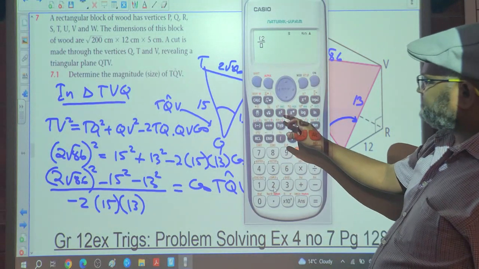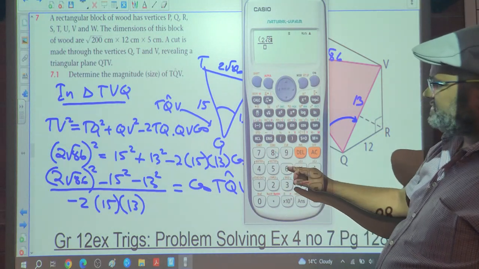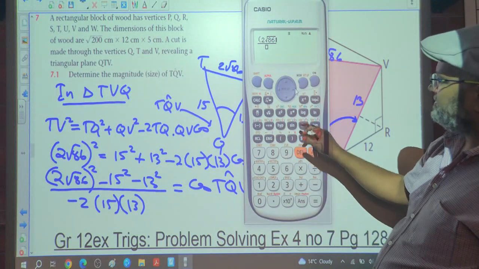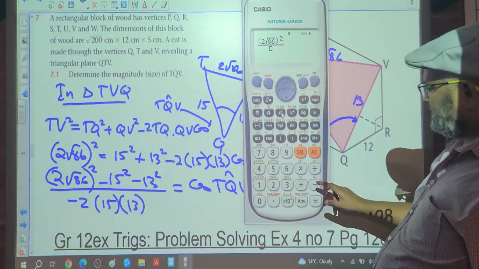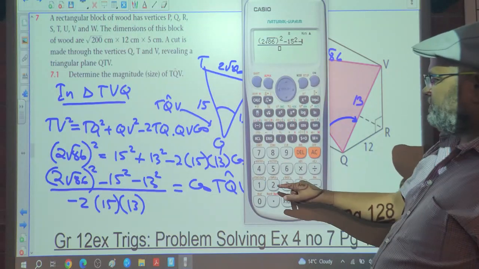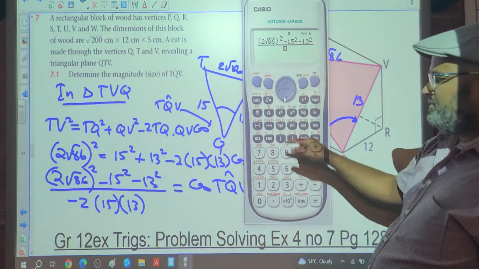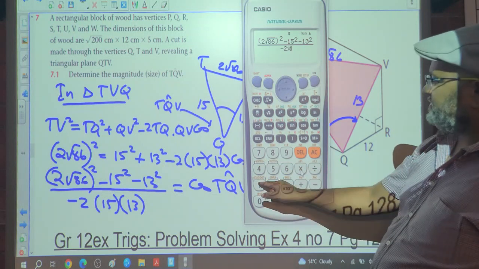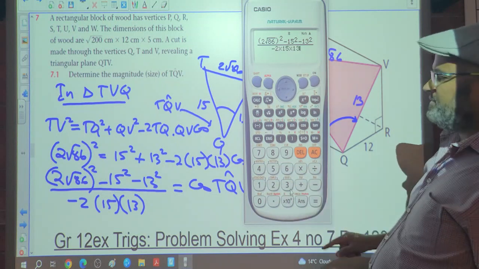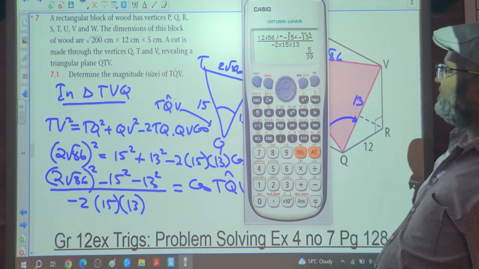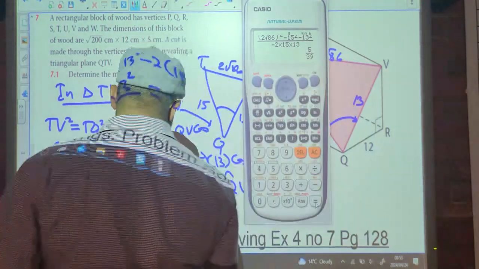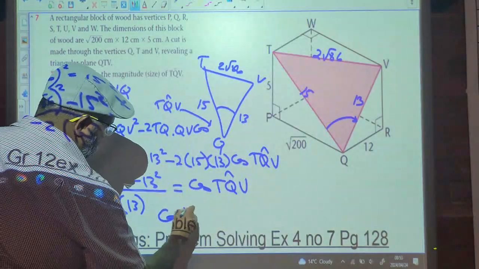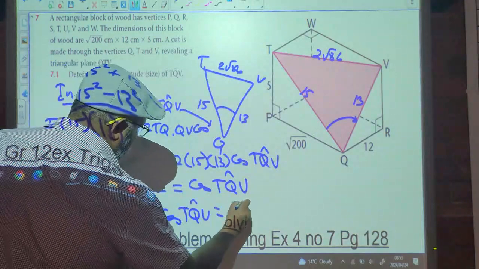So it's 2 root 86 squared minus 15 squared minus 13 squared over negative 2 times 15 times 13. So it's 5 over 39. So cos TQV is equal to 5 over 39.